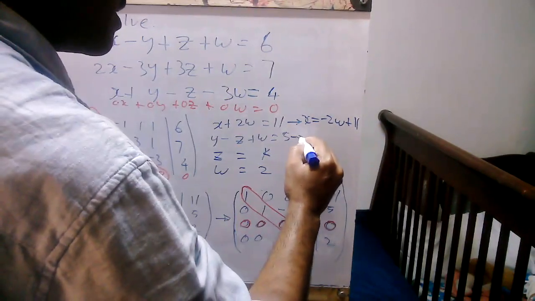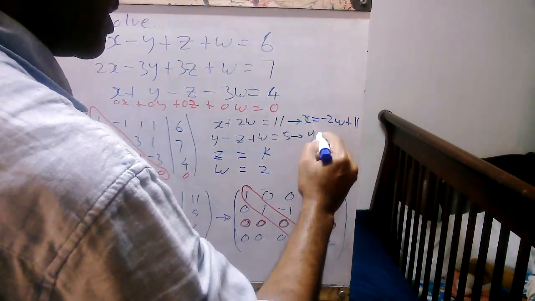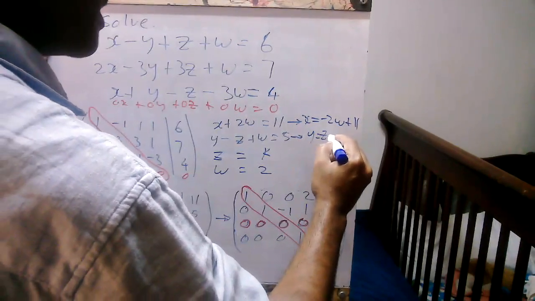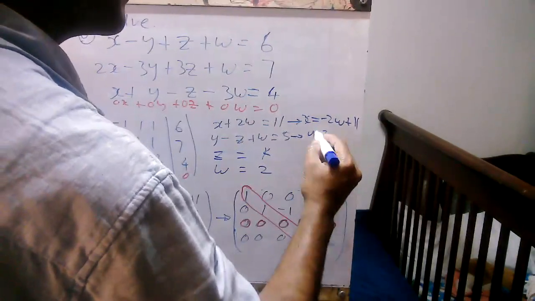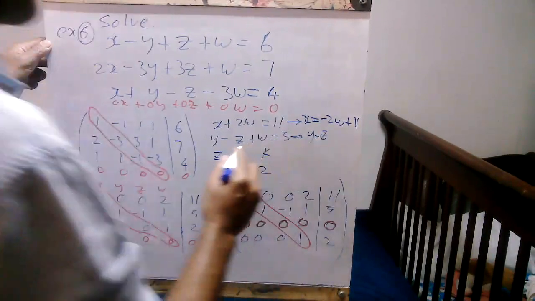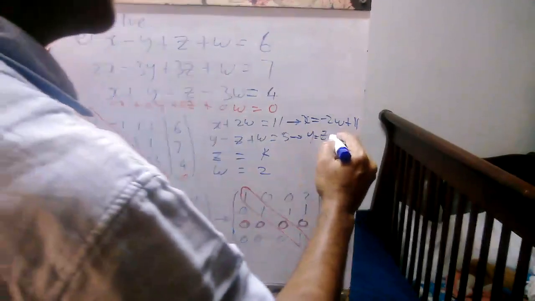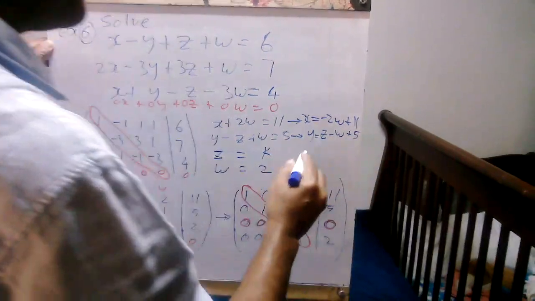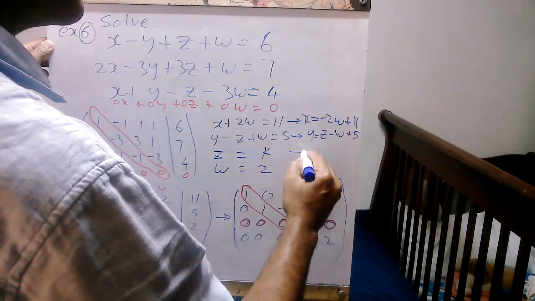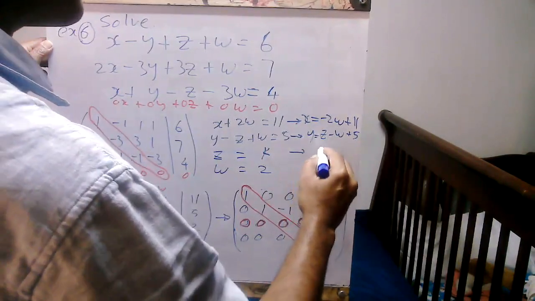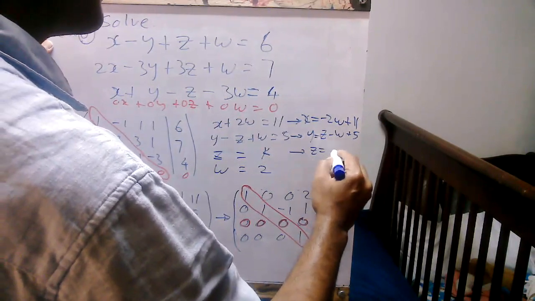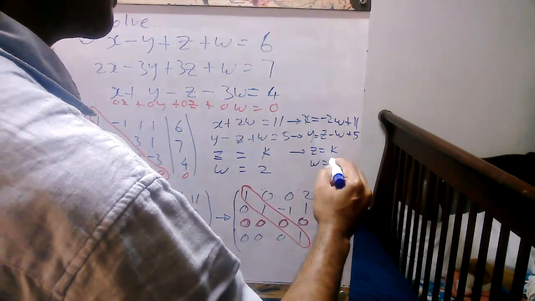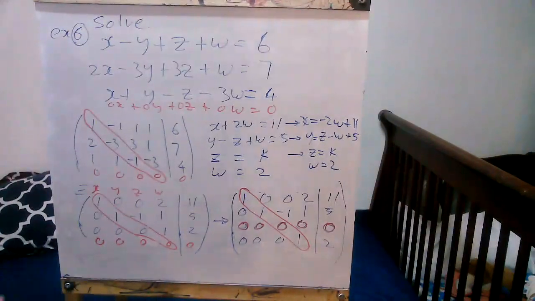This gives us y equal to z minus w plus 5. This stays the same. And w equal to 2. Right?